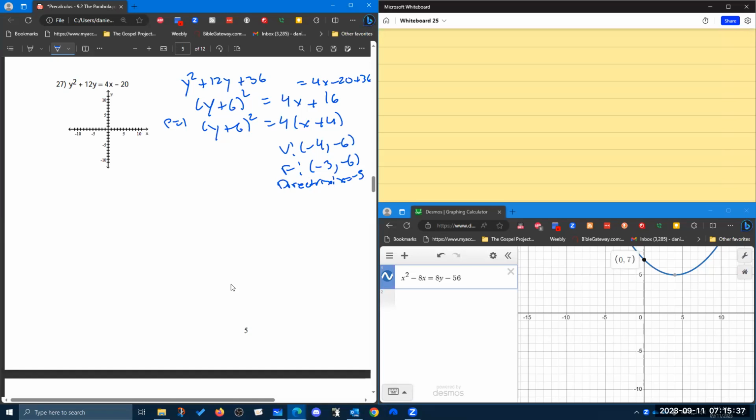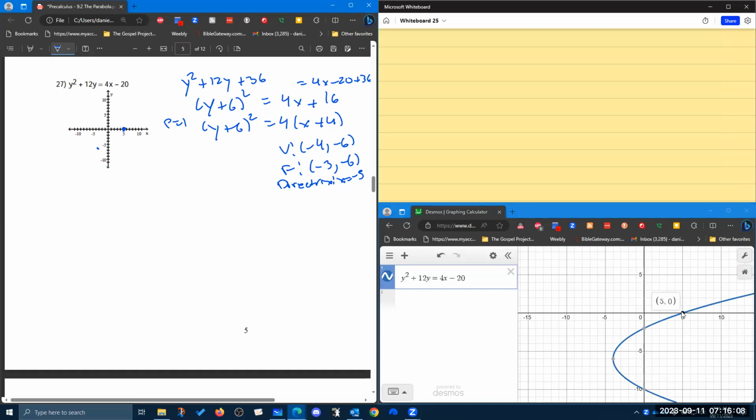(-4, -6), like that. And right, it's got an x-intercept over there at (5, 0).